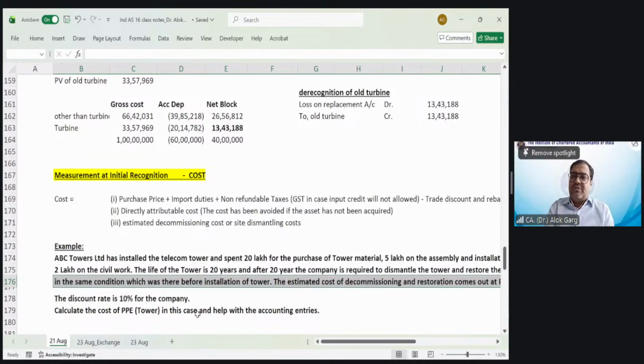So if this estimated cost is after 20 years, what should I do?